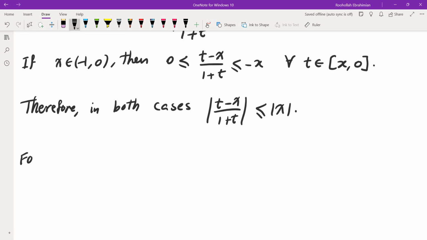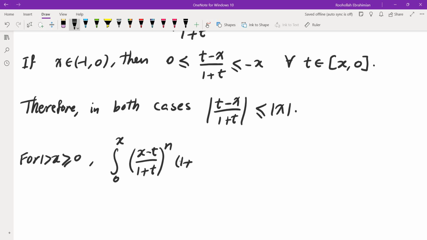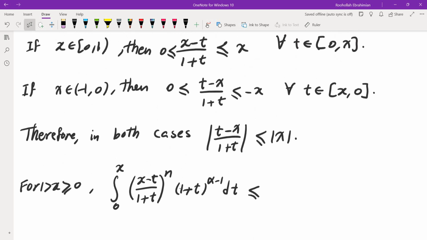So for x greater than or equal to 0 and less than 1, the integral from 0 to x of ((x−t) over (1+t))^n times (1+t)^(α−1) dt is going to be less than or equal to, since (x−t) over (1+t), as we discussed, is less than or equal to x, the integral from 0 to x of x^n times (1+t)^(α−1) dt.